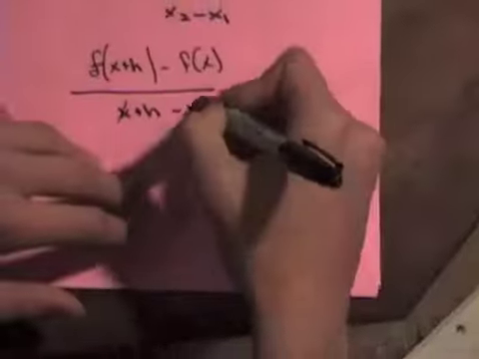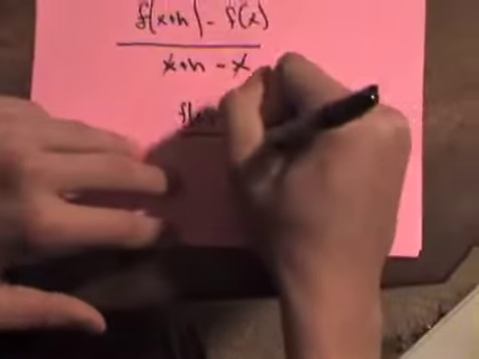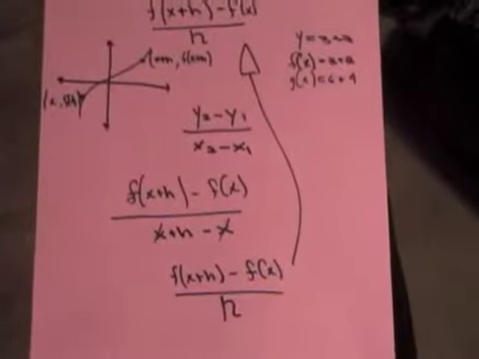So these two x's are going to cancel out. You're going to get f of x plus h minus f of x all over h, which is going to equal the difference quotient.